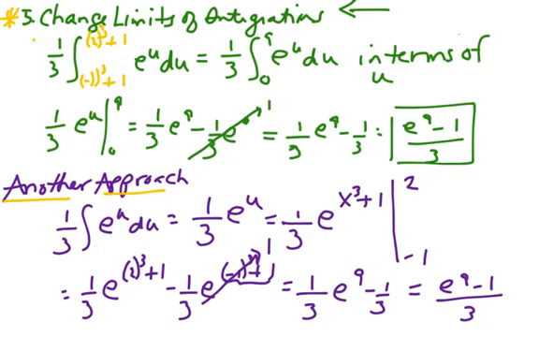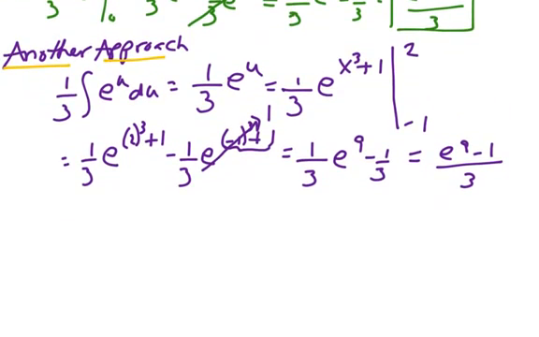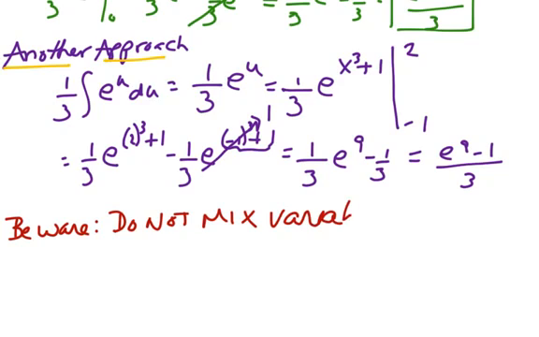Just be careful. Alright, so I want to put a big beware here at the bottom, and maybe I'll write it in red. Beware. Do not mix variables. If you work in terms of u, stay in terms of u. If you work in terms of x, stay in terms of x. So no mixing of variables.